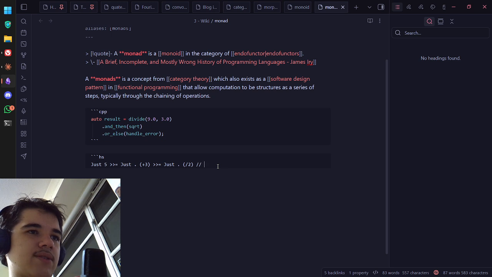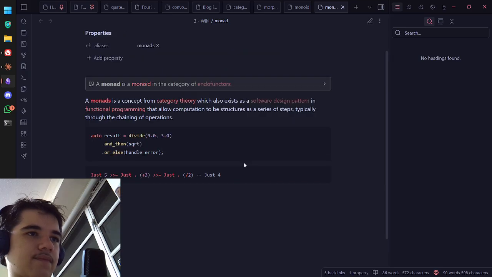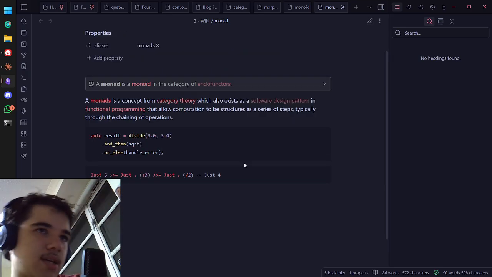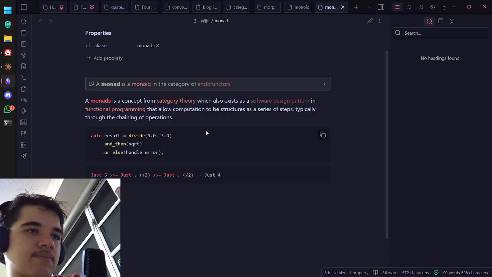And this will give a result of Just 4. And that is not a Haskell comment. Yep, cool.